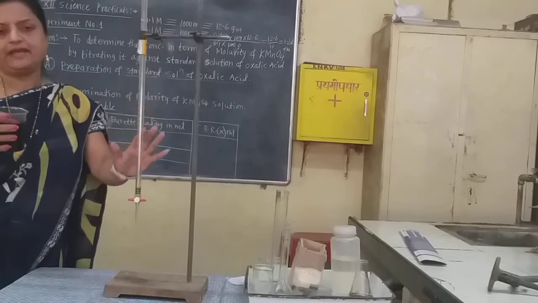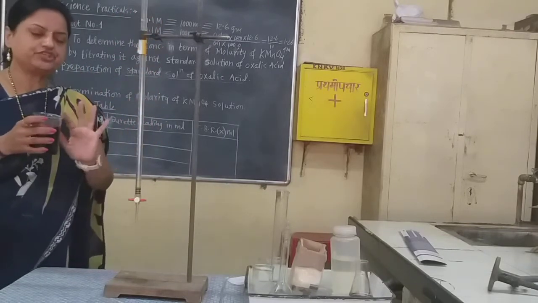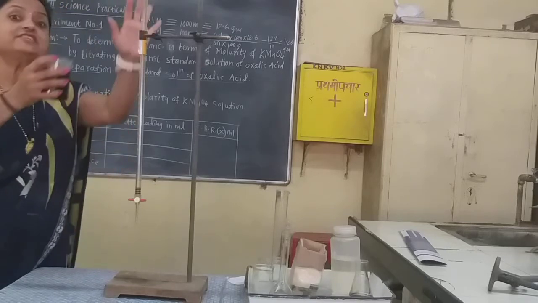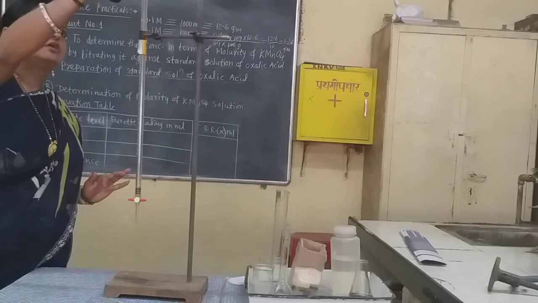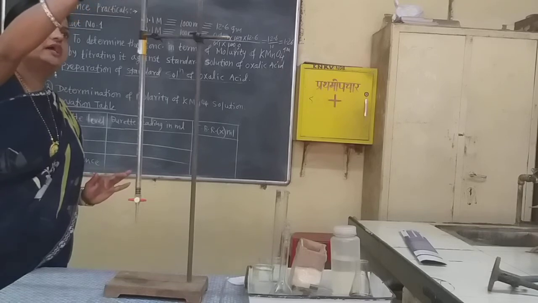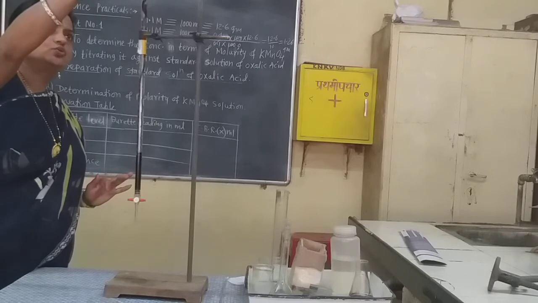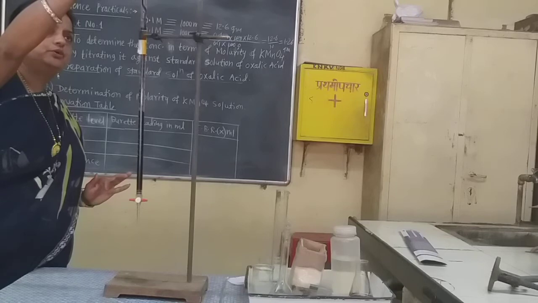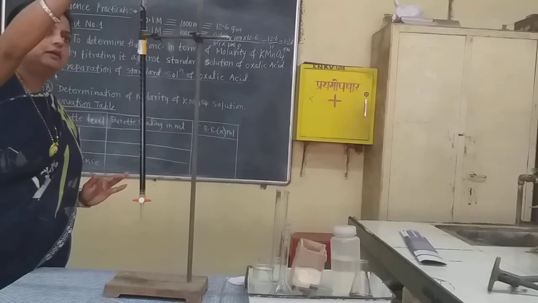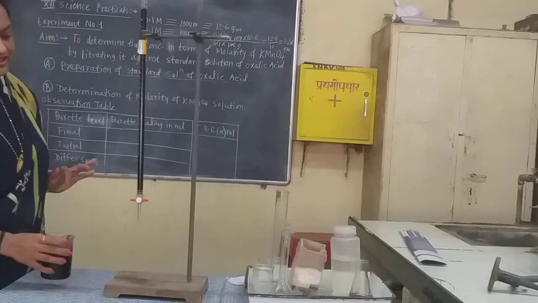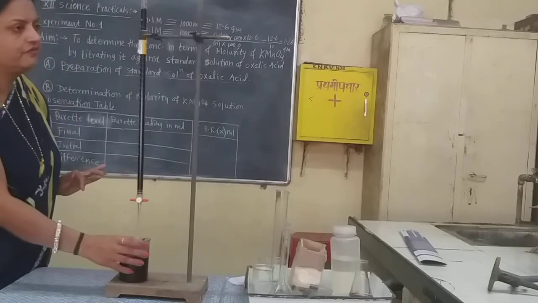So we first rinse this burette with the potassium permanganate solution. For that you can pour the potassium permanganate solution into this burette. This is a 25 ml burette, with calibrations from 0 to 25.